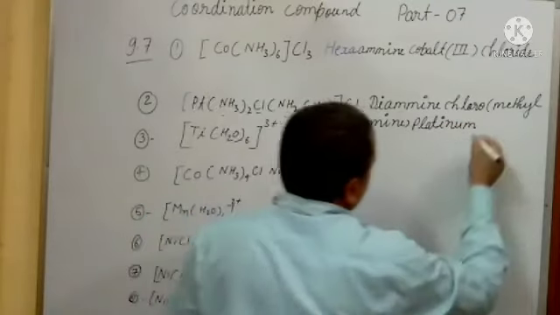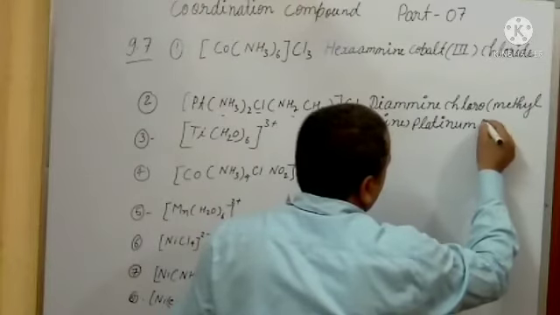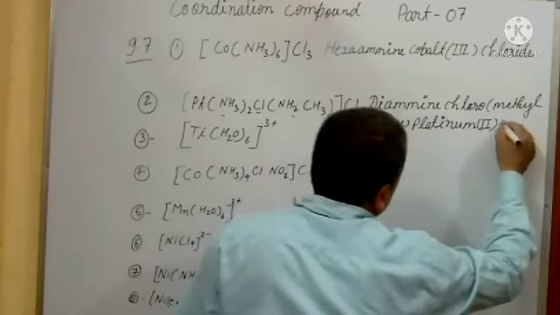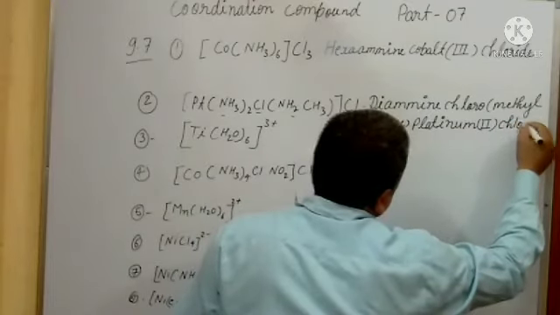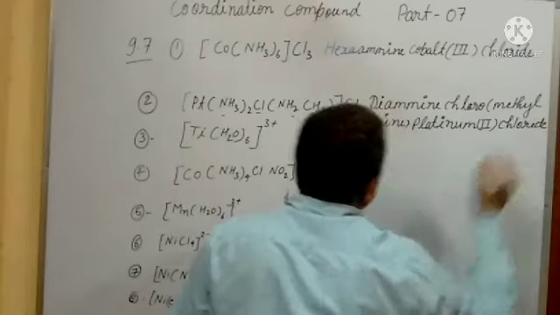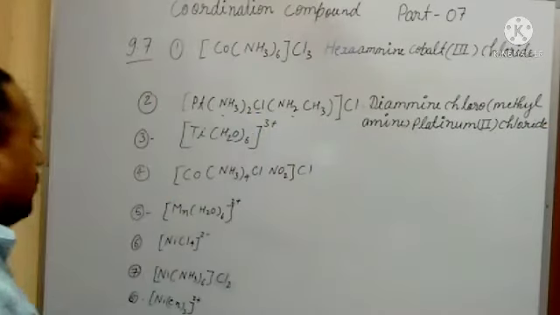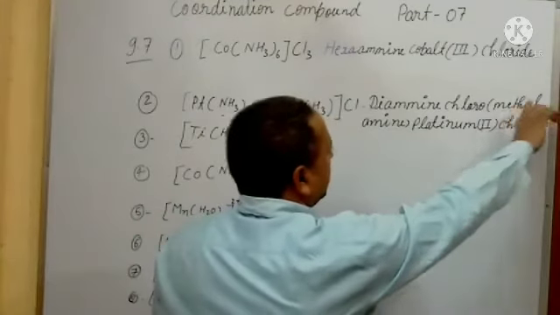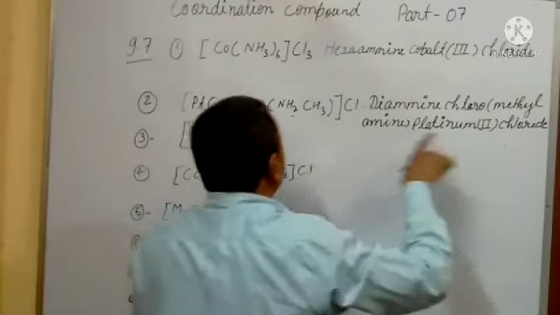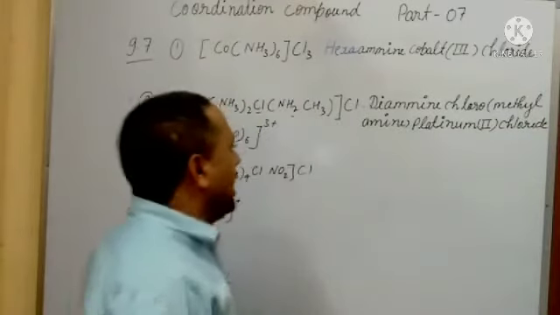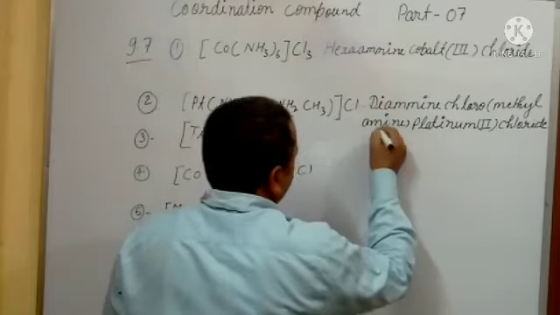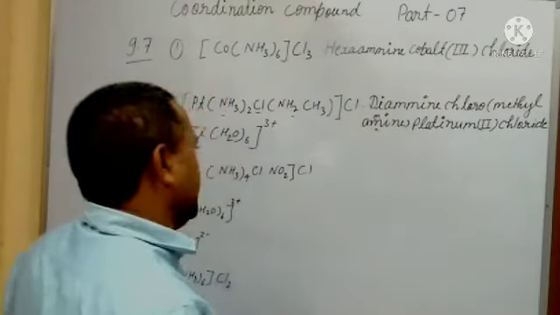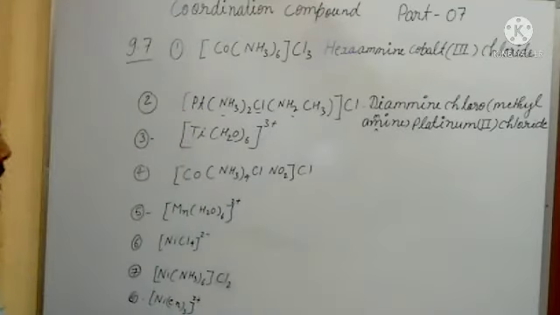Then the oxidation state is II, and then chloride. So the name of this compound is diammine chloro (methylamine) platinum(II) chloride. So we have written the name.